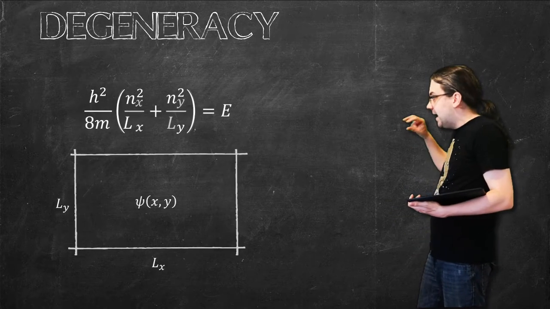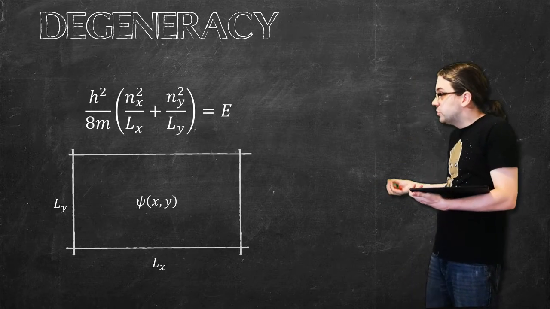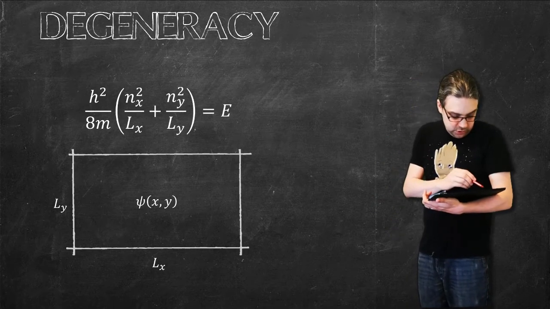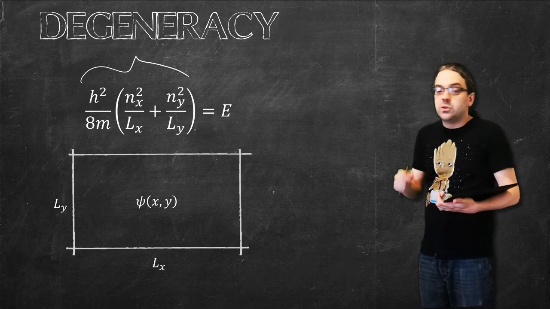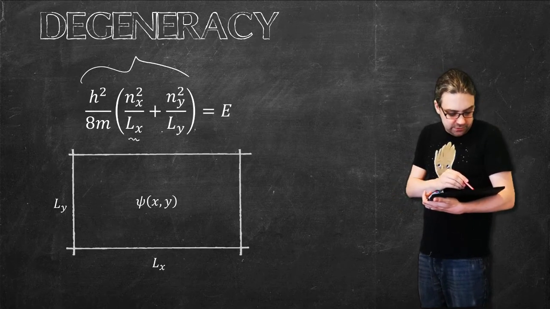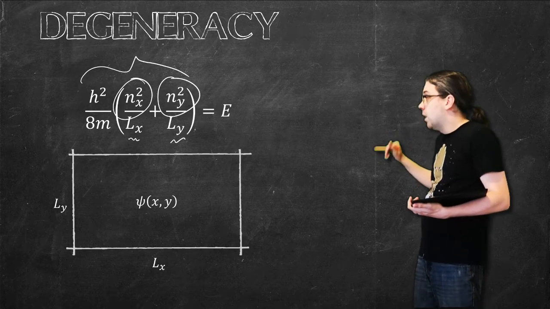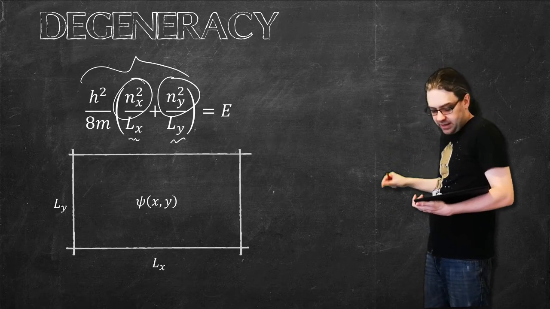Not so if we make the box a different length. We can reduce one energy level and increase the other one, because the formula then becomes this. So it's quite clear here, if these numbers are different, then which of these is 1 and which one of them is 2 becomes important. So we don't get degenerate states here.